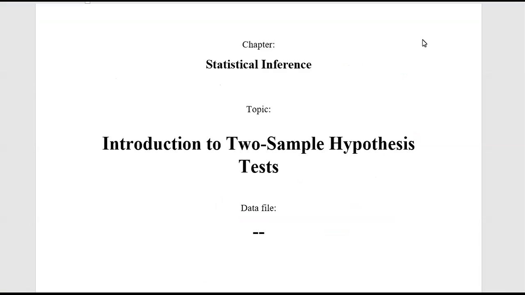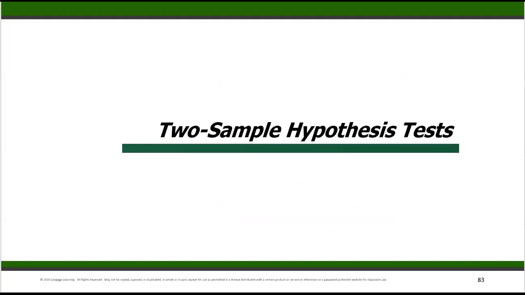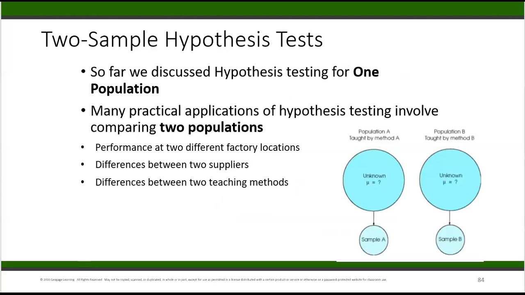In this video, we're going to go over a very brief introduction to two-sample hypothesis testing. So far, we've been looking at examples of one-sample hypothesis testing, where you're looking at a population parameter of one population.